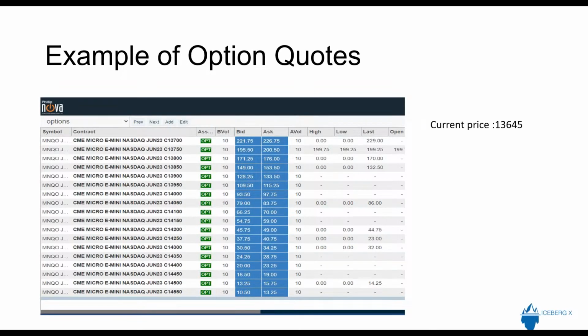So clearly you can see right now the current price of the market is 13,645. So we try to pick an option strike price that's quite close to where the market is trading. If you notice, those call option strike prices quite close to the market price usually have high premium value. As we get further away from the market, you notice that the premium you pay is getting less and less. Keep in mind, anything above 13,645 is technically an out of the money call option.